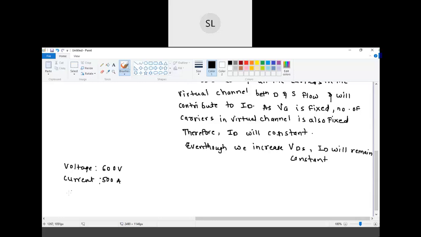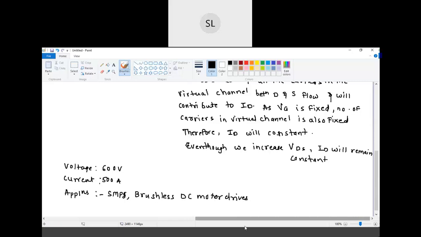And it is used in SMPS, in brushless DC motor drives. So this is about the MOSFET.